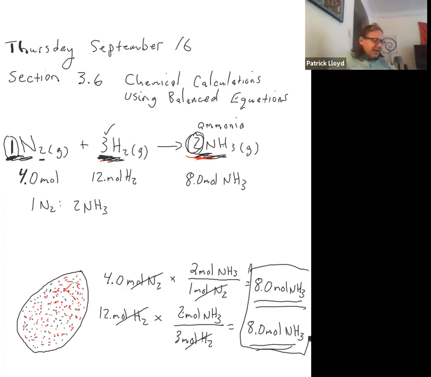So the idea then is that if you know how much of one substance you have, you can figure out how much of all the other substances are either required or will be produced in this process. It's all internal to that equation. The balanced equation, 1, 3, 2 in this case, that's what tells it to you. Okay, so you get the same answer.